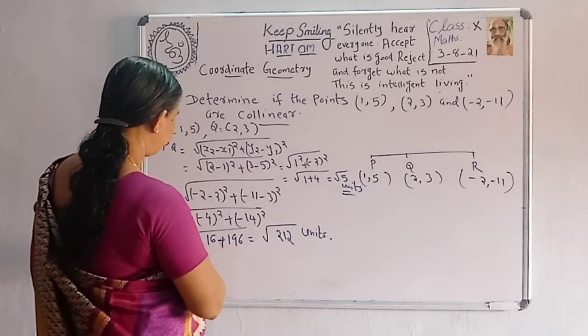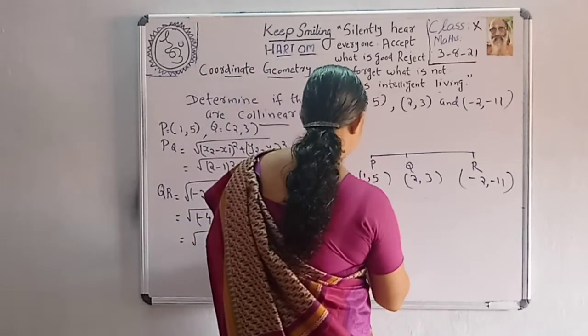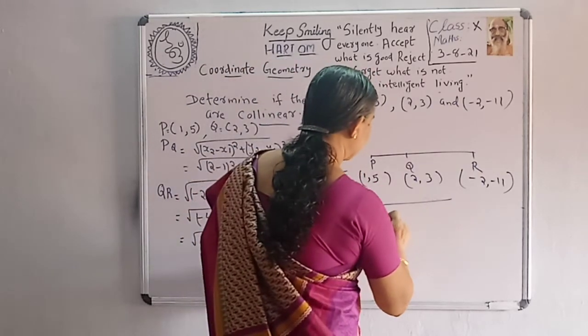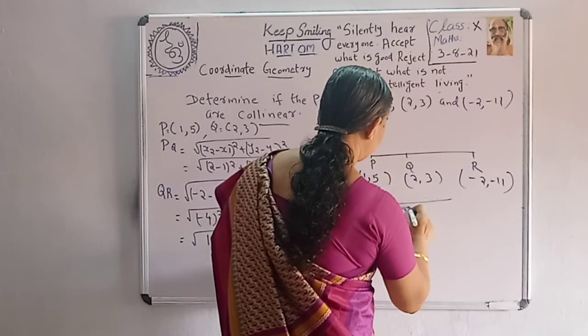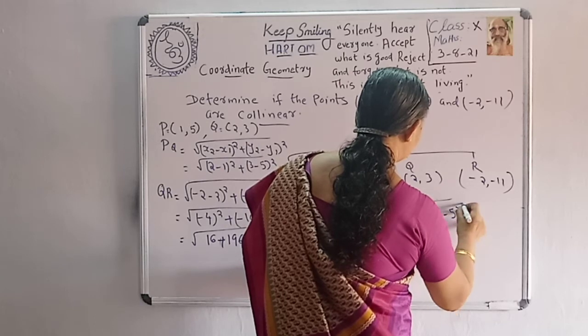Then what is PR? Here PR is equal to the square root of (-2 minus 1) the whole square plus (-11 minus 5) the whole square.